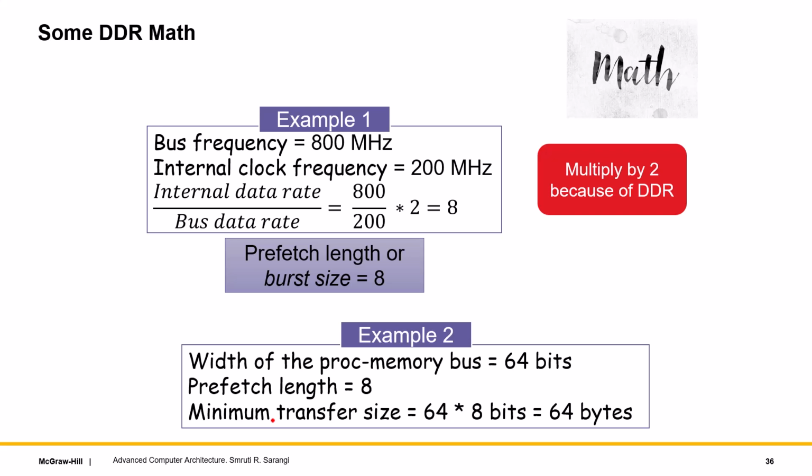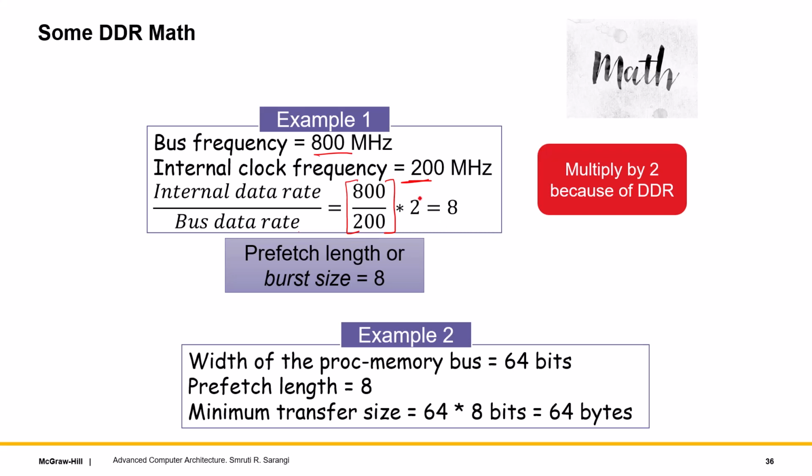There is some DDR math which is exactly the same thing that I said, which is that the bus frequency is 800 megahertz and my internal clock frequency is 200 megahertz. Then my bus data rate divided by my internal data rate is 800 by 200. So it is 4x. This is essentially the ratio.